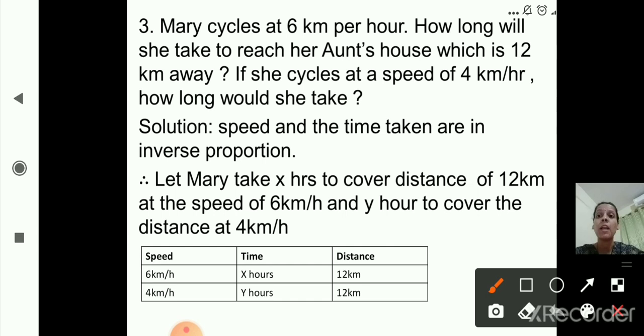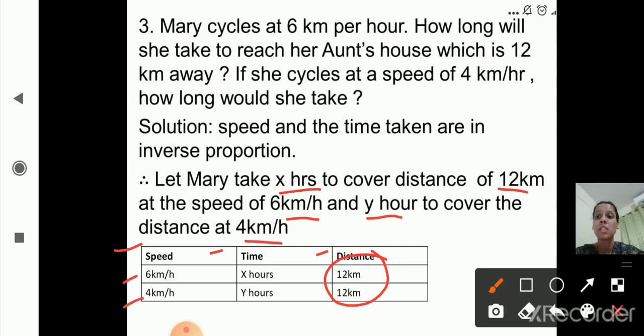Therefore, let Mary take X hours to cover a distance of 12 km at a speed of 6 km per hour, and she will take Y hours to cover the distance at 4 km per hour. The distance is same, that is 12 km. Okay. See here, now you can see one table here. In the table, speed, time and distance are shown. Distance is same, that is 12 km, but the speed is 6 km and 4 km.